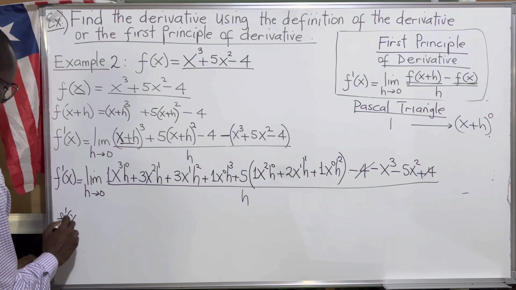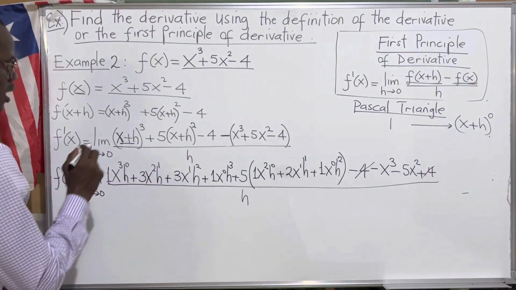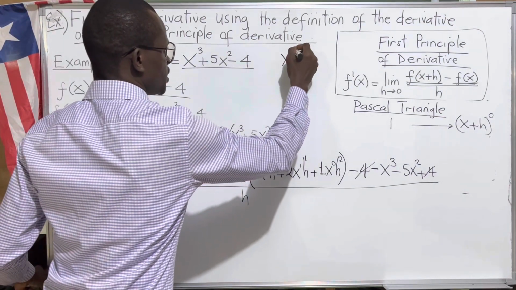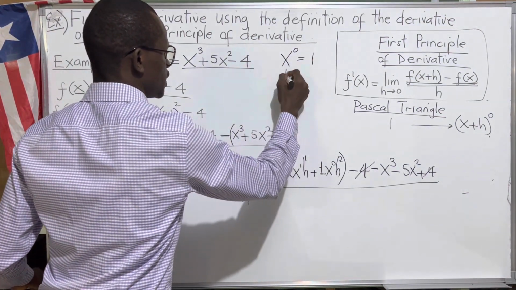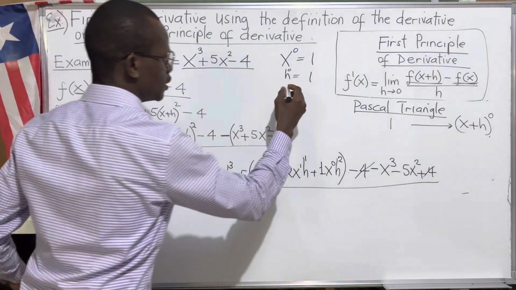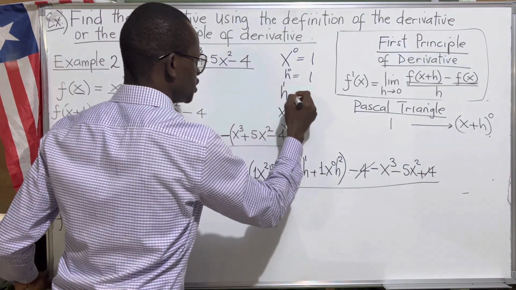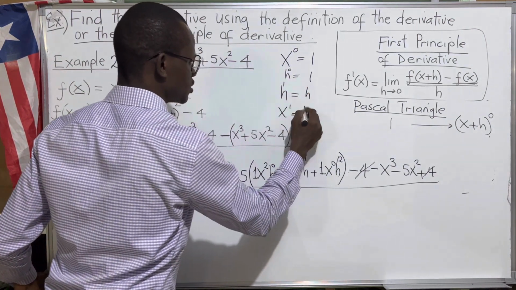So f prime of x. So we can rewrite this expression. X raised to the 0 power is 1. H to the power 0 is 1. Anything raised to the power 0 is 1. X raised to the first power, h raised to the first power is the same as h.